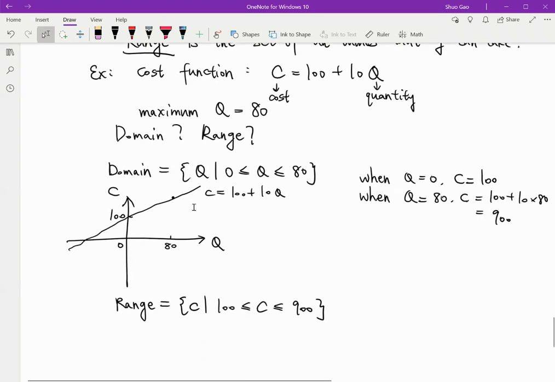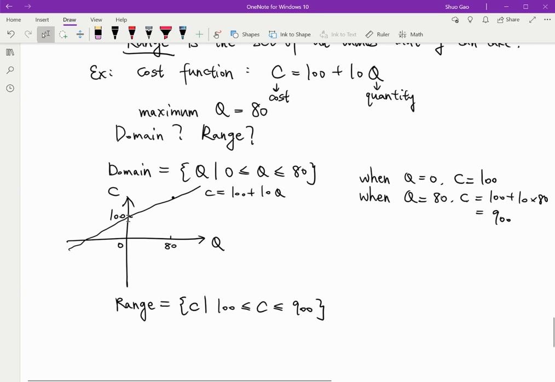From the function, we can see that it is a linear function, and if I draw a line in the Cartesian plane, it looks like this. It's upward sloping, and when Q increases, the cost also increases. For this function, we want to find the range, which is the range of C. We need to find the minimum and the maximum values that C can take.